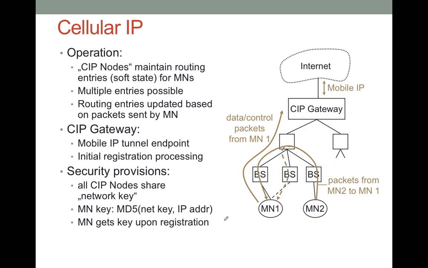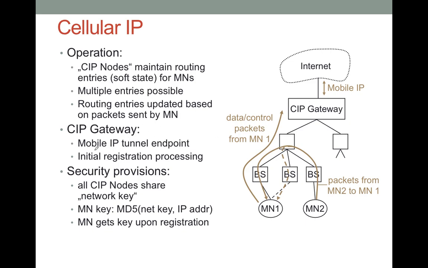So meaning that every time, the routing locally will be updated based on the packet that is sent by the mobile nodes. For example, this is mobile 2. If mobile 1 communicates to mobile 2, they will communicate based on the packet that is sent. It will not go over to the other side through the CIP gateway.